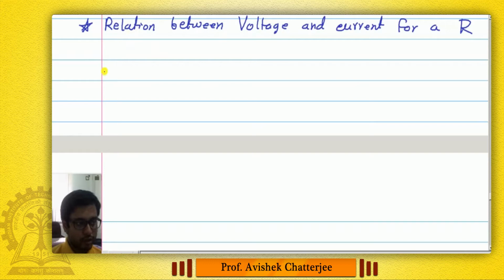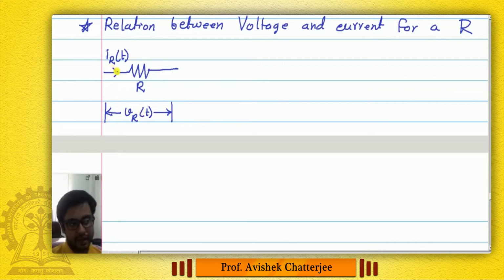So suppose we have a resistance with value R. Let the current through it be iR(t) and the voltage across it is vR(t). Be careful about the reference direction and polarity of current and voltage.